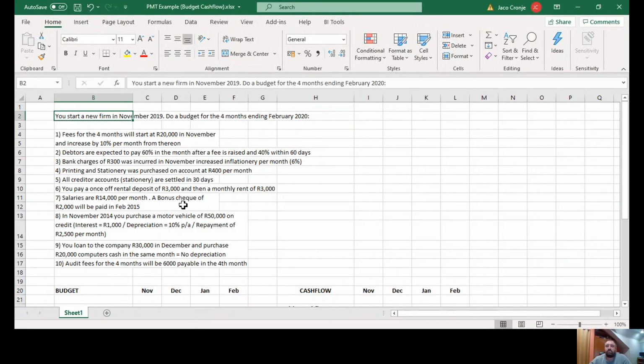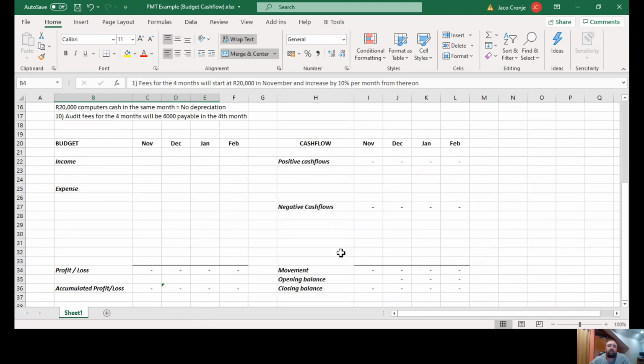Okay, so here's our little teaching exercise for the afternoon. Right, so we start up a new firm in November 2019, and we are going to do a budget for the 4 months ending February 2020. So we're starting our business. We are now on the 1st of November, and we're going to do a budget and a cash flow forecast.